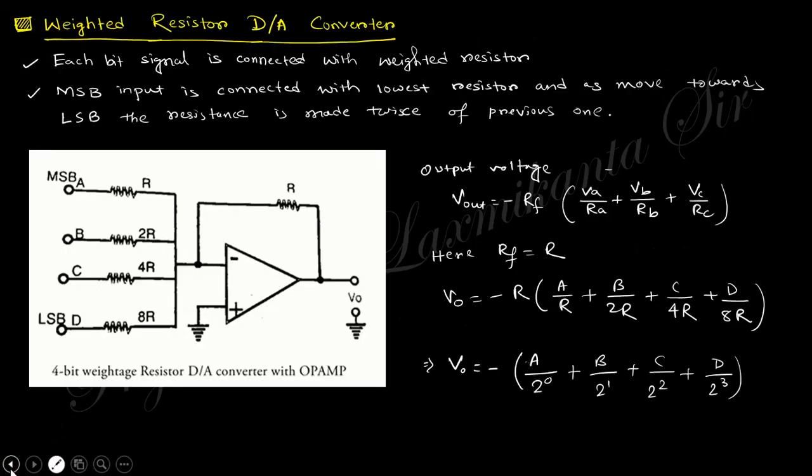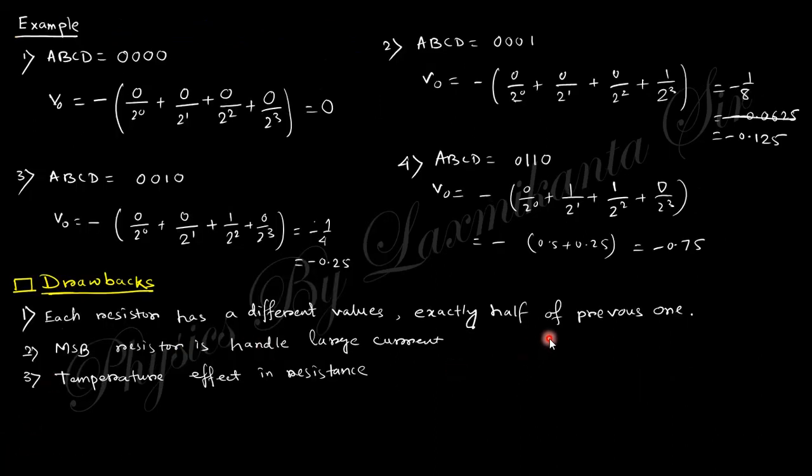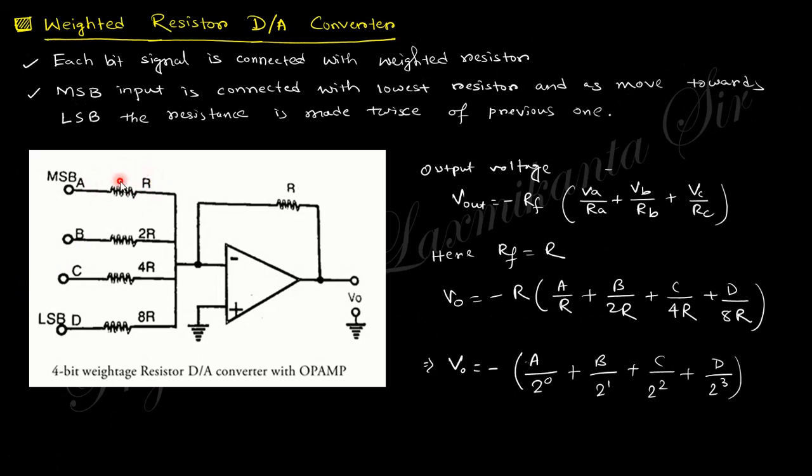There are some drawbacks. You can see the resistors are multiples of one another, so you take the double, that is, multiples of two, and it is very difficult to obtain these multiplied resistors exactly. This is very problematic. Here the resistor has a very low value, so mostly current flows through this one, and this one is double, so as the resistance increases the current is reduced.